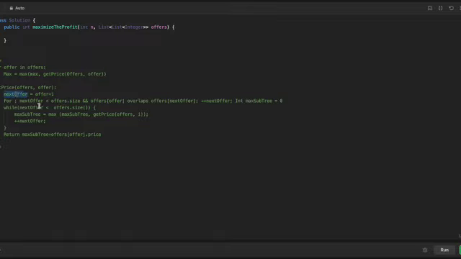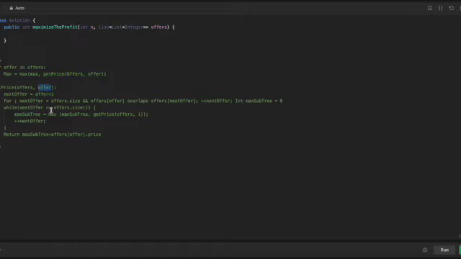The algorithm takes the next offer and tries to find the offer that doesn't overlap with the offer that we chose, right? If it overlaps, it skips that one. And when it comes to next offer, should be an offer that doesn't overlap with the offer that we just chose.